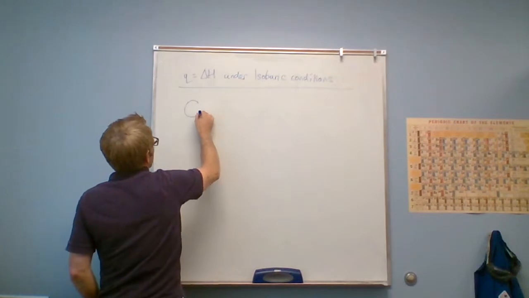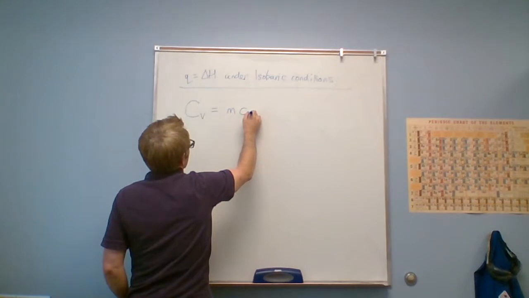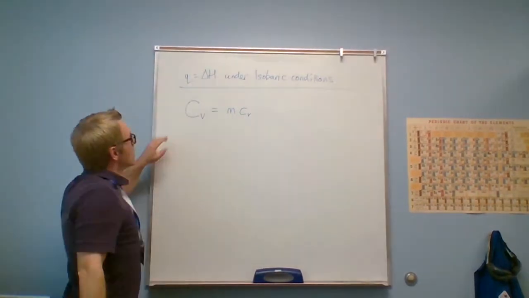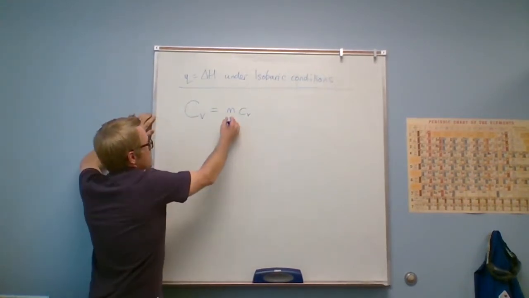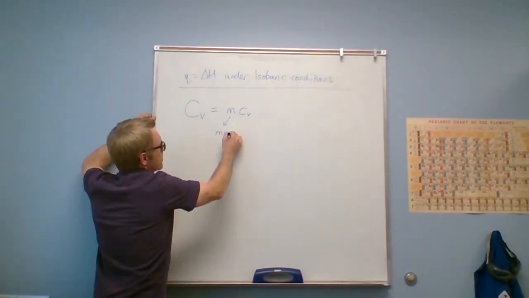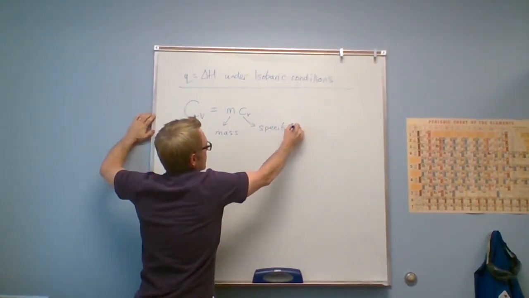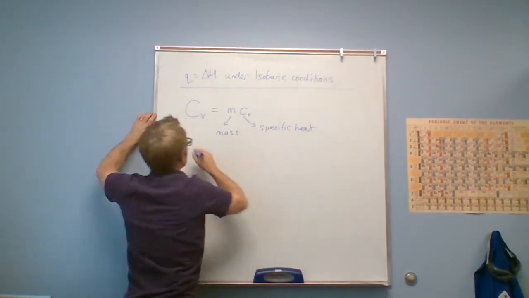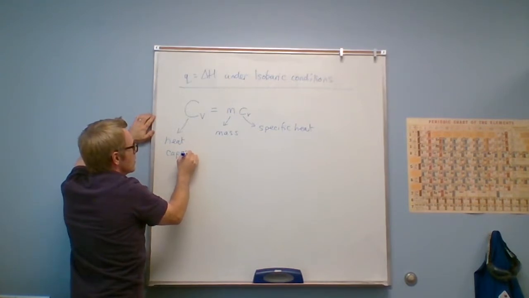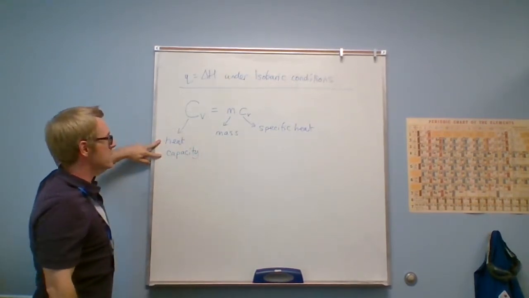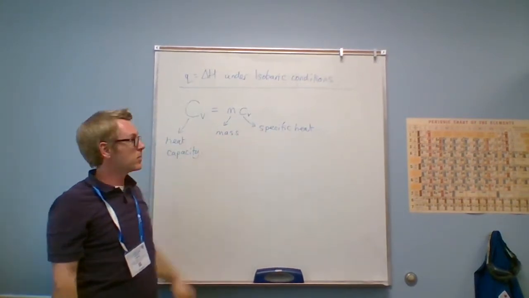The heat capacity at constant volume is mass times another c at constant volume. Notice this is an uppercase C, a capital C. This is lowercase. This could be mass, and this is something called specific heat. So heat capacity is equal to the product of mass times specific heat.